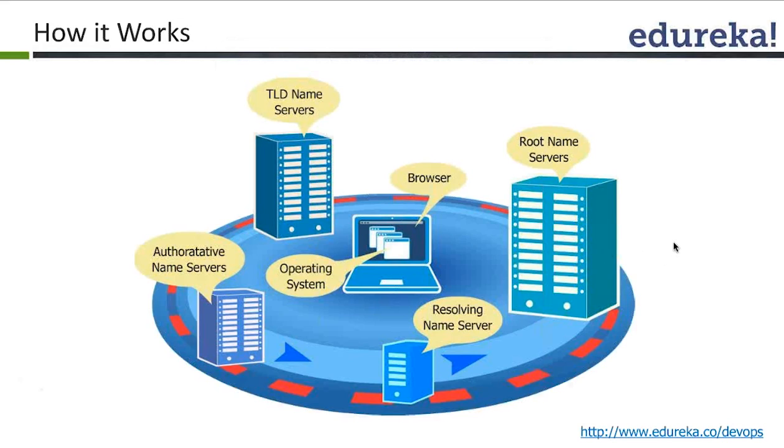So to get this IP address, it does a search. This search is of two types: iterative and recursive. So there are two types of search it does.